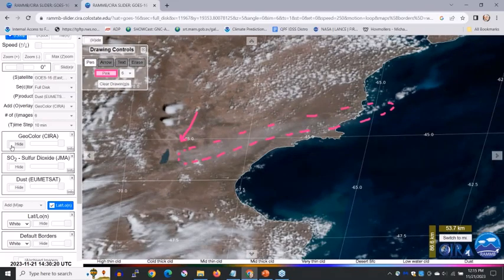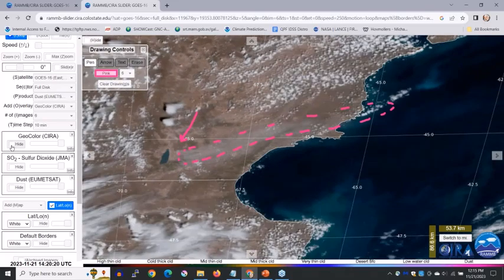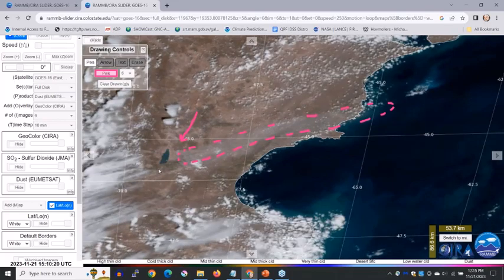Yes, and I think that's why the colors were chosen for the SO2 RGB, to help highlight this.